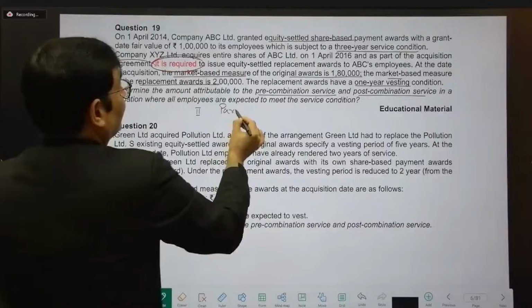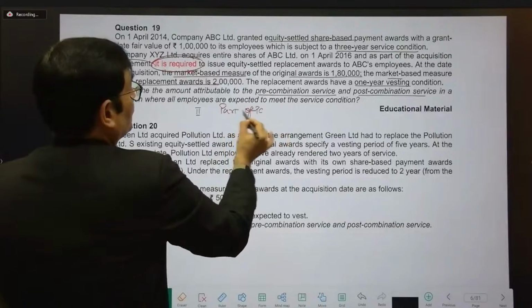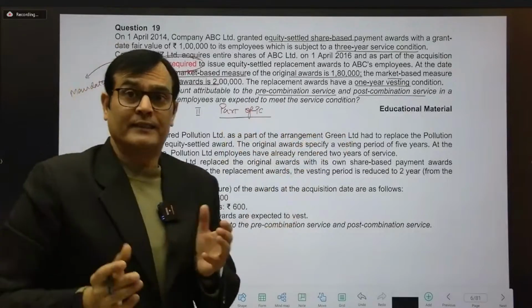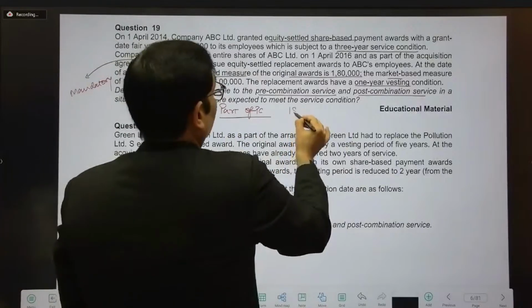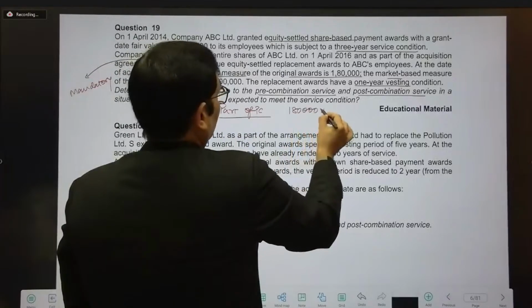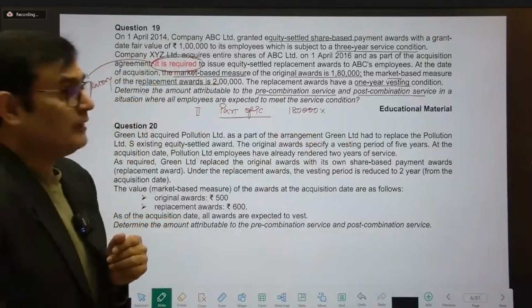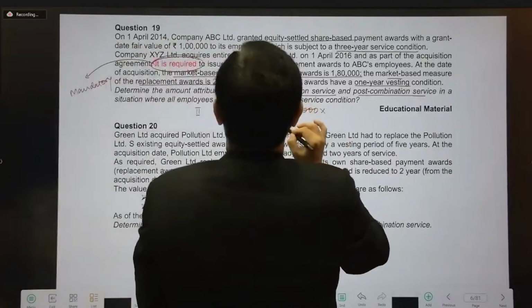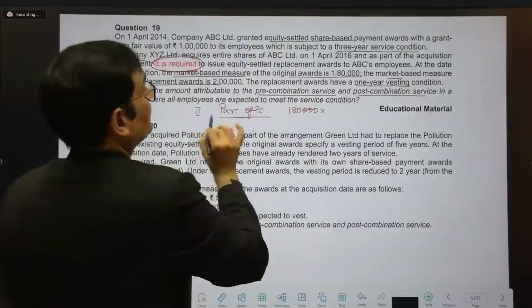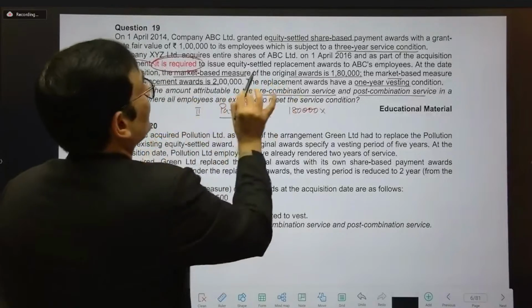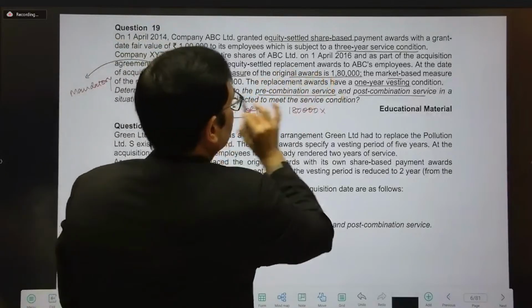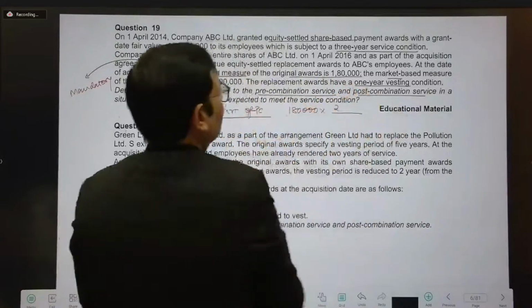What is going to be taken as a part of the purchase consideration? Let's do the mathematical calculation. What is the fair value of the original award on the date of acquisition? 1,80,000. The vesting period which is already completed is how much? There is a 3 years vesting period, and we are sitting on April 16, 2 years already completed.